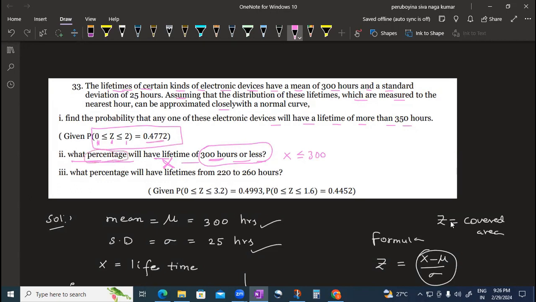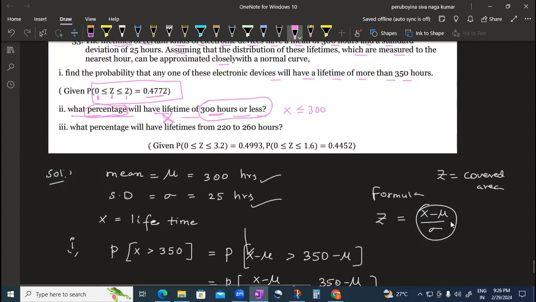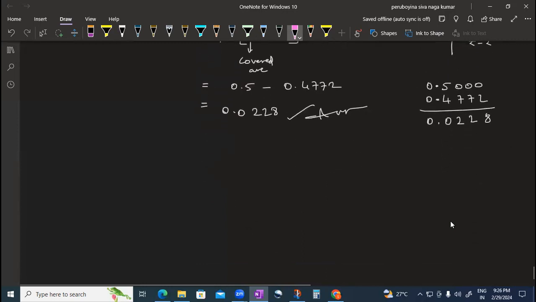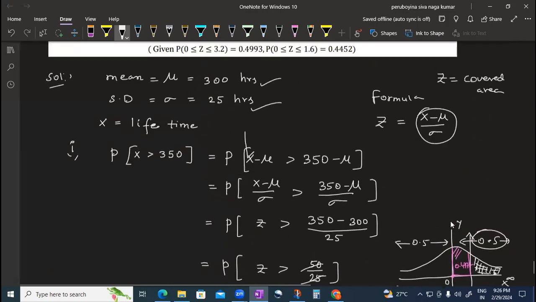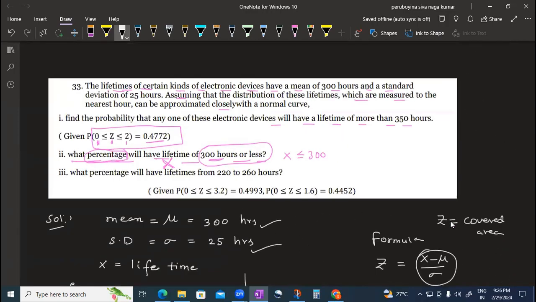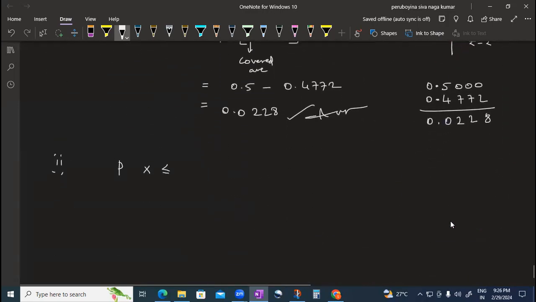He is not just asking probability, he is asking the percentage. That means the final answer will be multiplied by 100. So we will proceed as usual. The second one: lifetime is lesser than or equal to 300 hours.